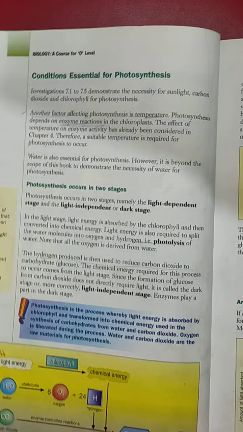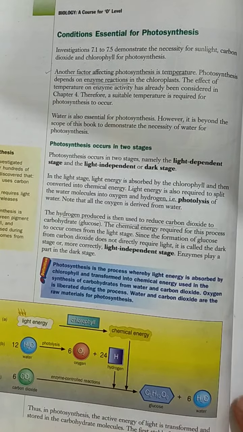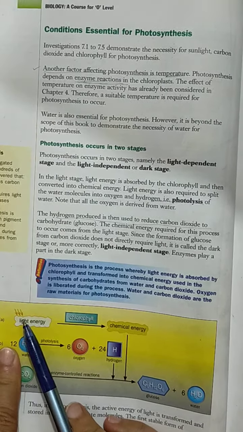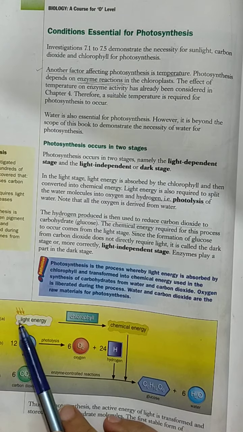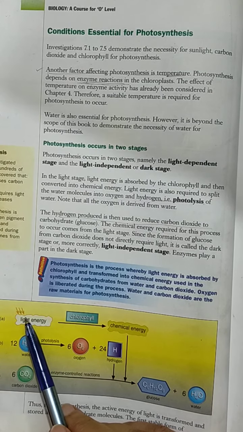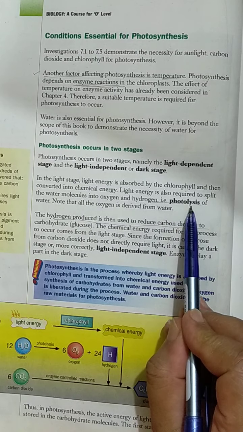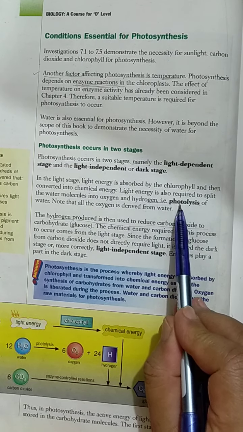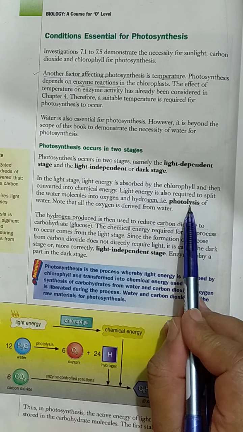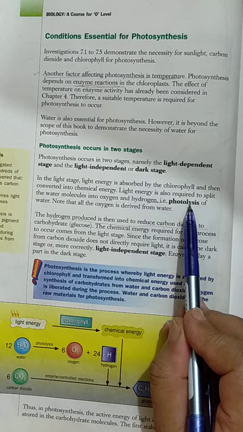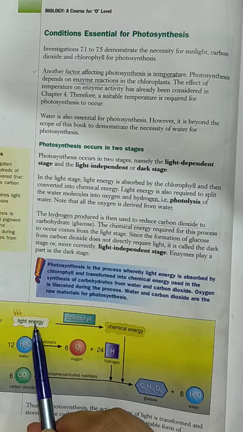You can see in this diagram which is given here. First of all, light is compulsory for the process of photosynthesis, because in the presence of light a step takes place which is called photolysis. Photo means again light and lysis means breakdown or splitting up. So what happens in the presence of light?